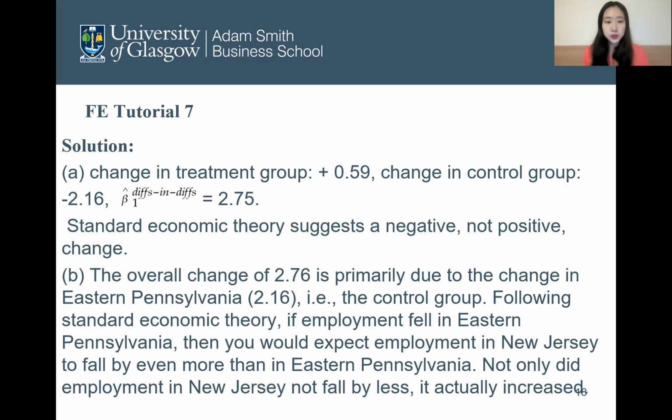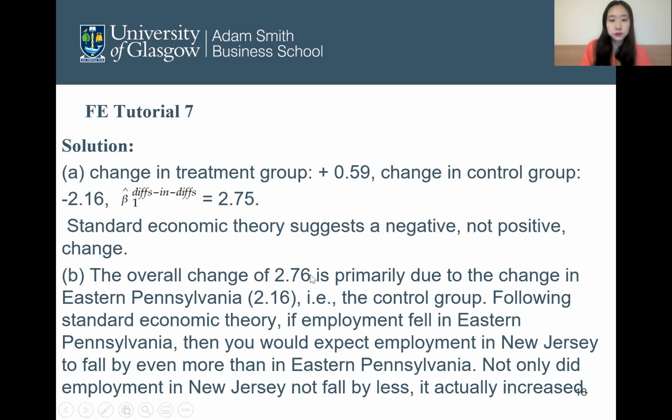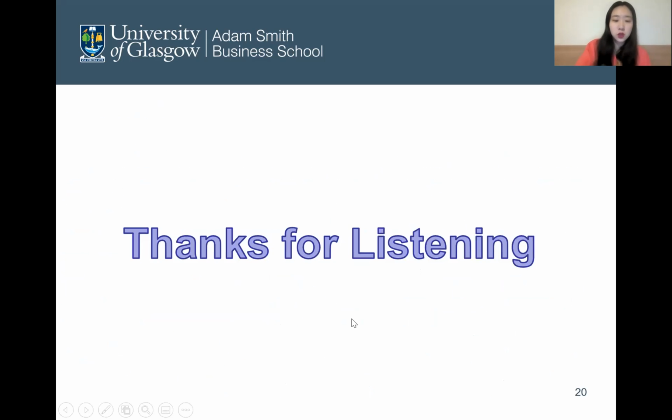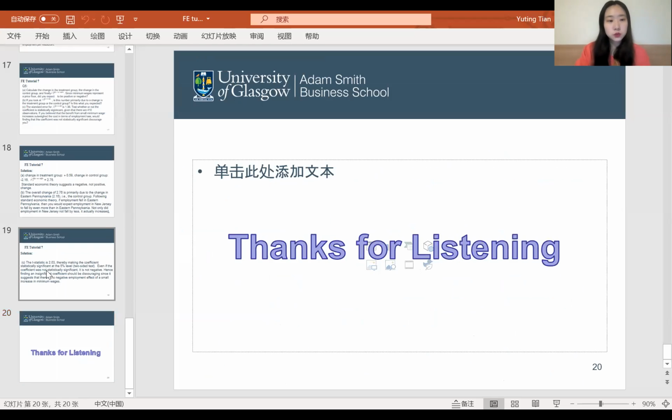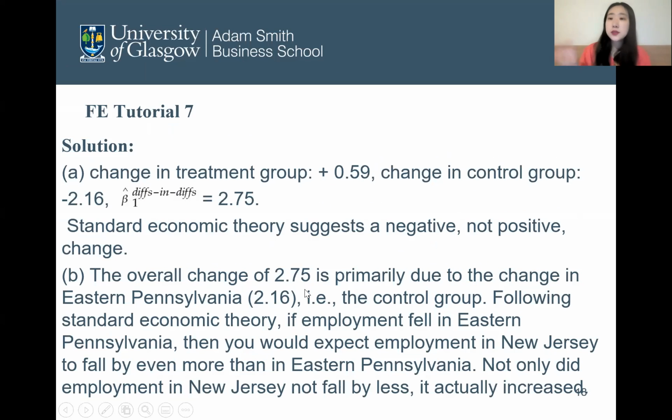Then for question B, the overall change of 2.76, right? You can see, I think it's 2.75 here. It's not 76 because we've already calculated. We just calculated 2.75. Because it's quite easy, right?